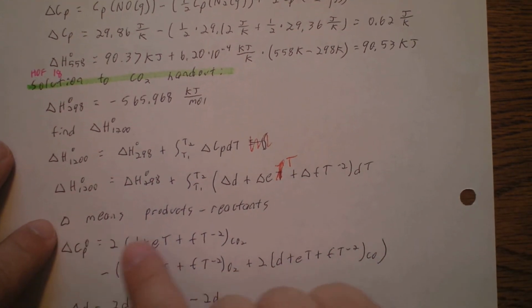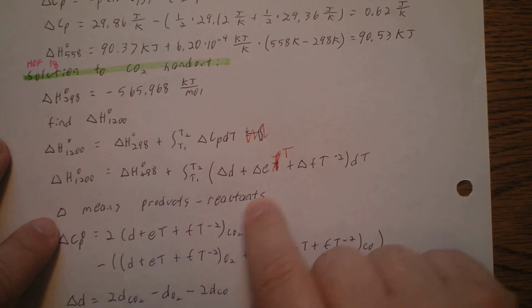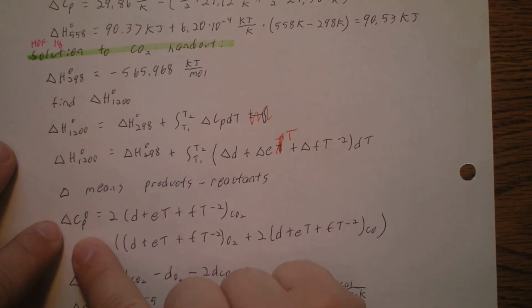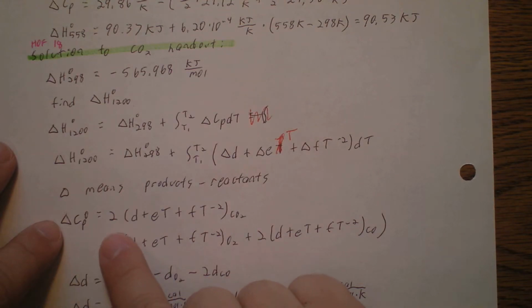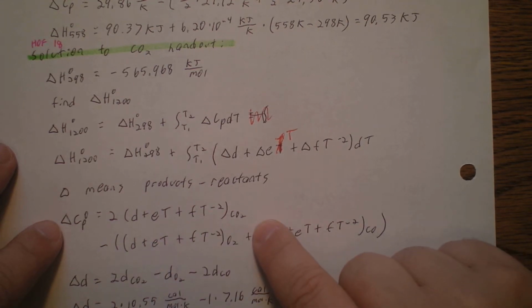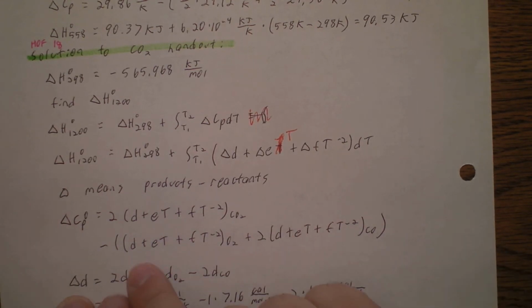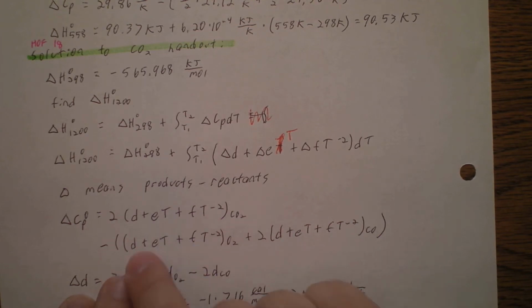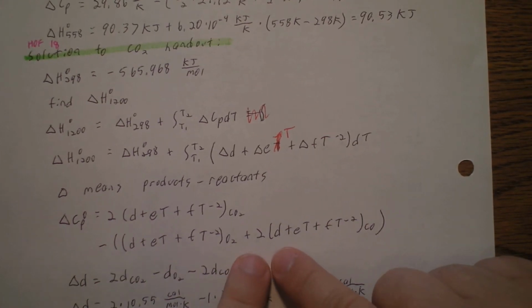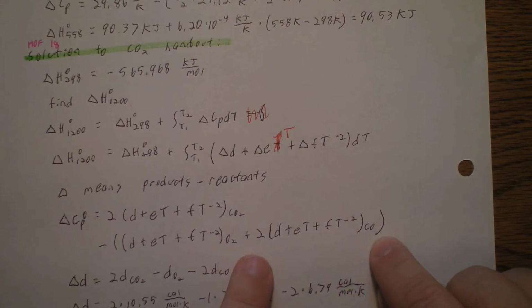So remember, delta always means products minus reactants, final minus initial. So the change in heat capacity in the standard state is going to be 2 times D plus E times T plus F times T to the -2 for CO2 minus, because that's the product, minus D plus E times T plus F times T to the -2 for oxygen plus 2 times D plus E times T plus F times T to the -2 for the carbon monoxide.